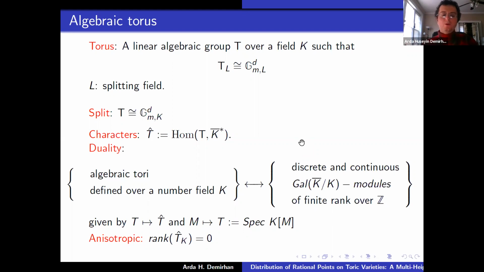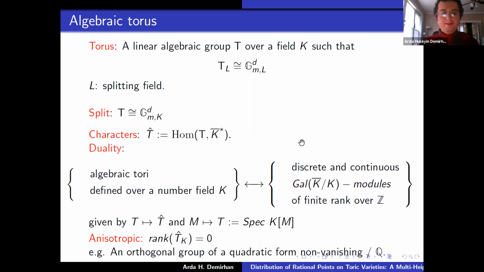And finally, a torus is anisotropic if the rank of T hat K is 0. In other words, it doesn't contain any K-split tori except the trivial one. For example, orthogonal groups of quadratic forms which are not vanishing over Q, or any field in fact, are anisotropic.